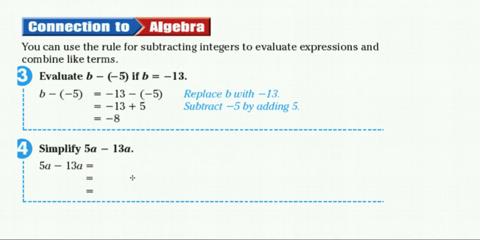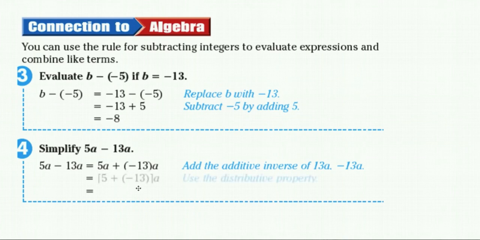Example number 4, we want to simplify 5a minus 13a. So we get the additive inverse of 13a, which is negative 13a, and add it to 5a.